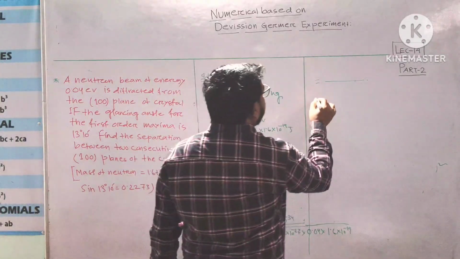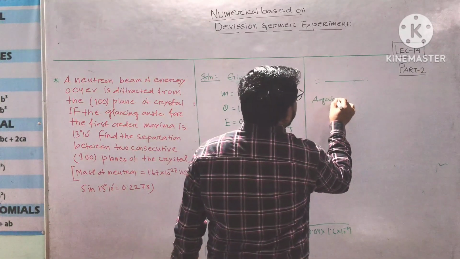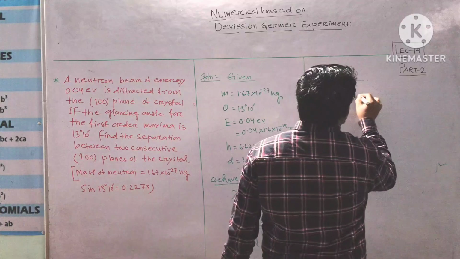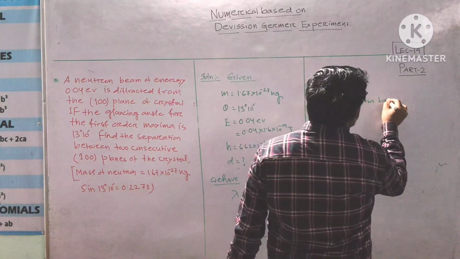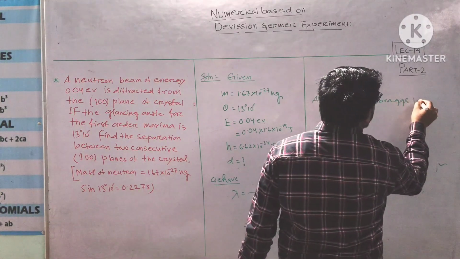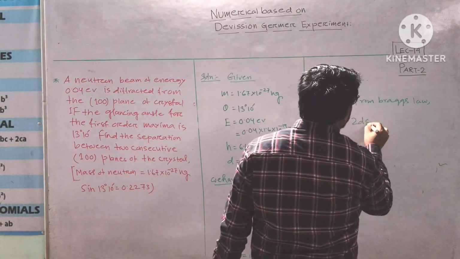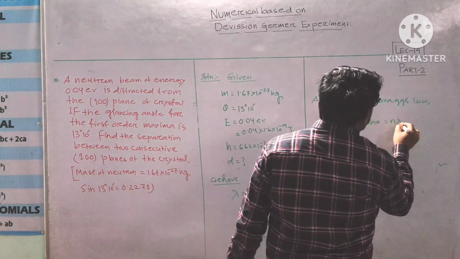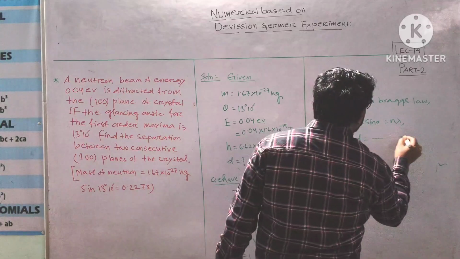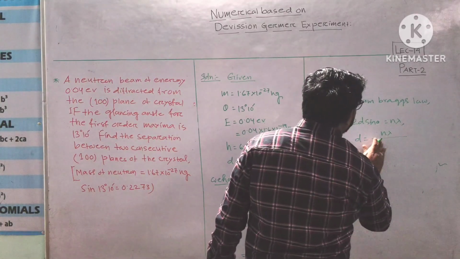Again, we can apply Bragg's equation. From Bragg's law, 2d sin theta equal n lambda, and d equal n lambda divided by 2 sin theta.